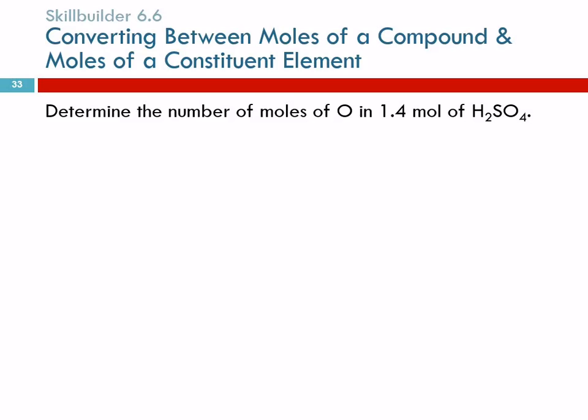So we can approach this as a dimensional analysis problem, and we're trying to find moles of oxygen, and what we're given is a number of moles of this: 1.4 moles of H2SO4.